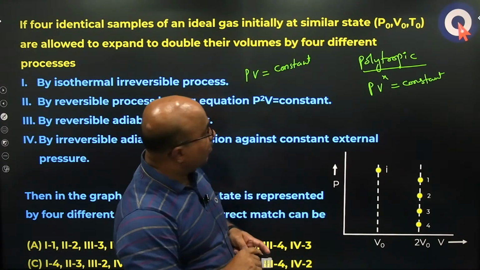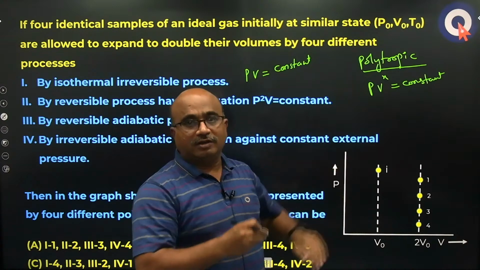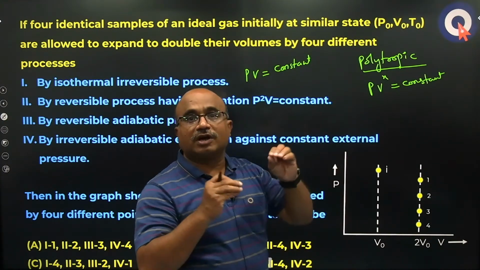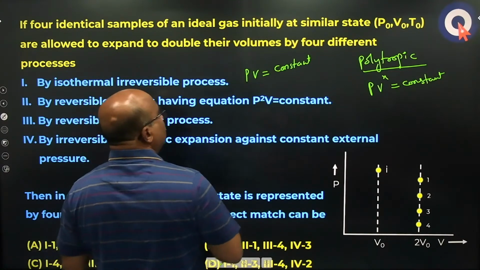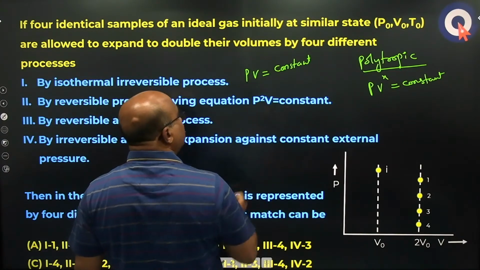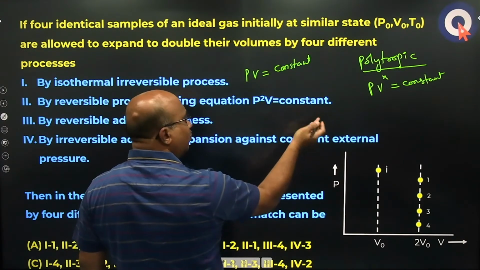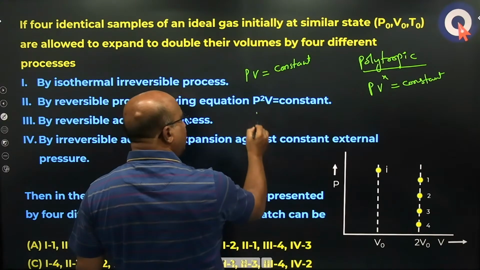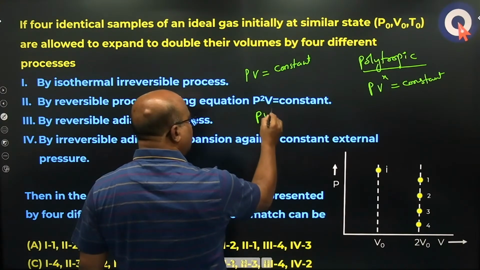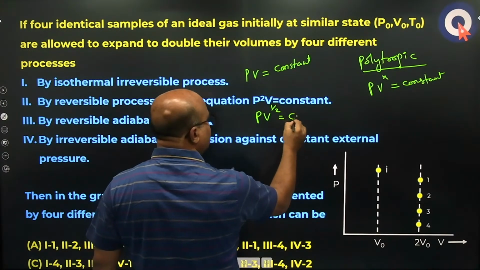So that is the meaning of why the polytropic process is basically defined as PV to the power of X is a constant. So if I take the square root of this, the root of a constant will again be a constant anyhow, then P to the power of root is nothing but P into V to the power of 1 by 2, or root of V, is again a constant.